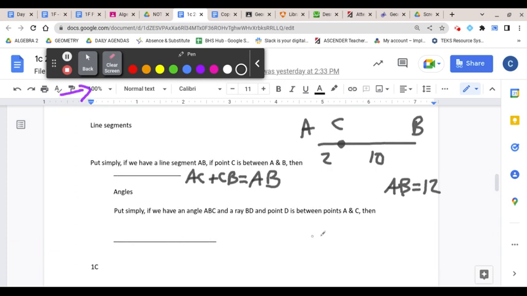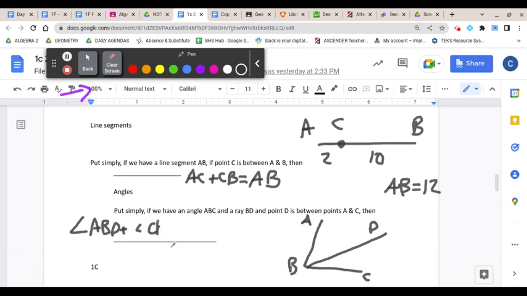Next, we have an angle ABC. So we have an angle ABC and a ray BD going through it here. Okay, then what we're going to have is angle ABD plus angle CBD is equal to angle ABC.